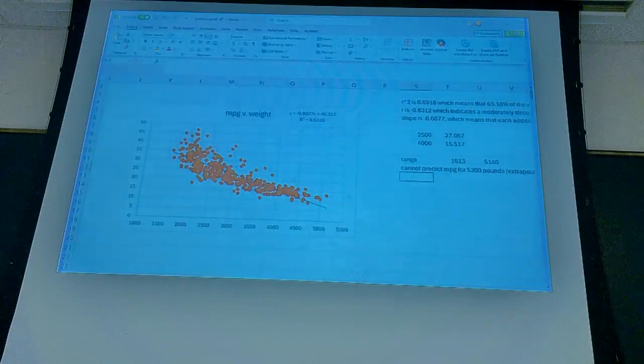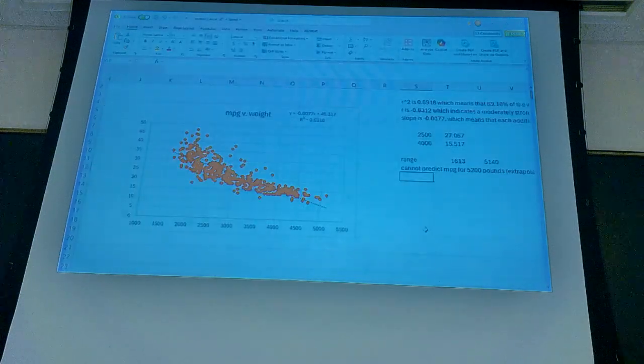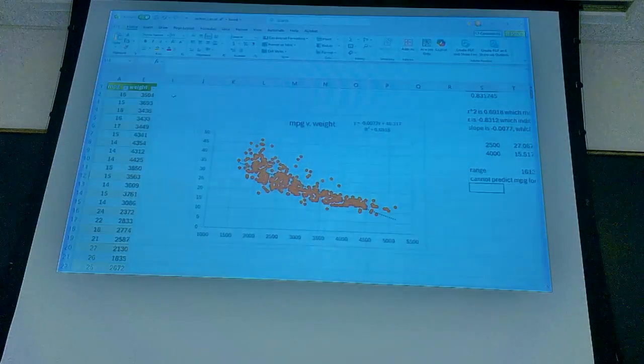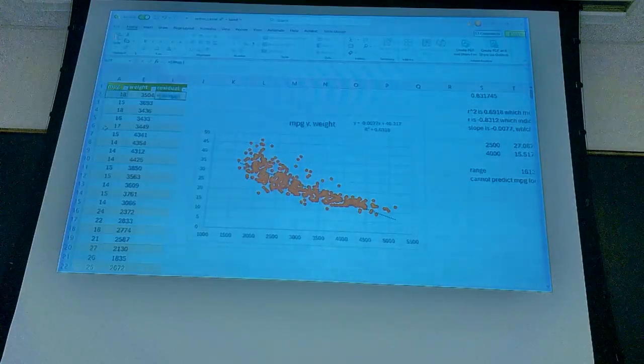And examine the residual plot. Oh boy, that's going to be annoying. Residual. It's going to equal predicted, that's giving me MPG.